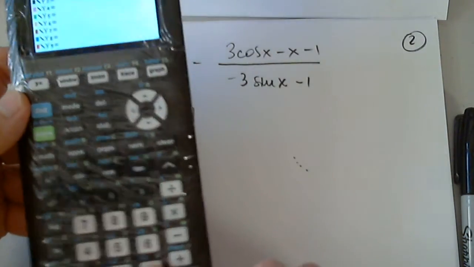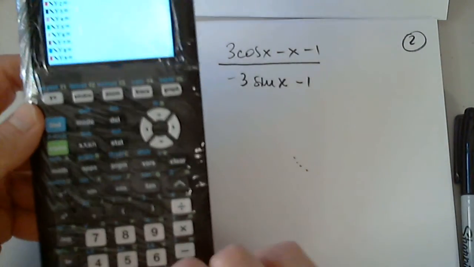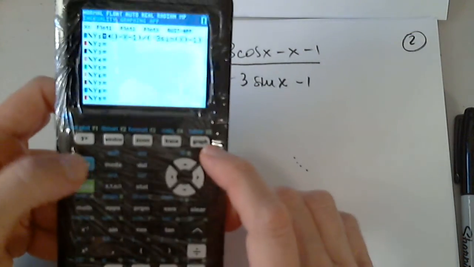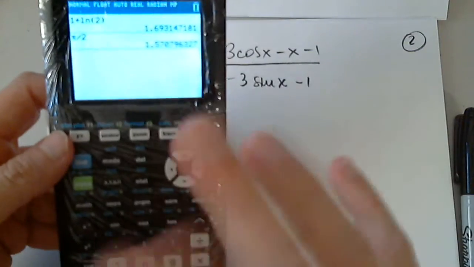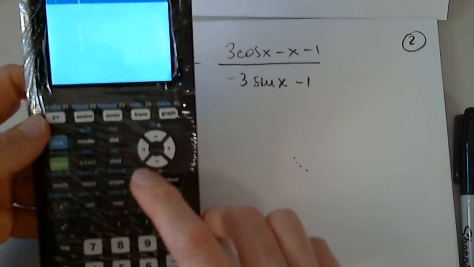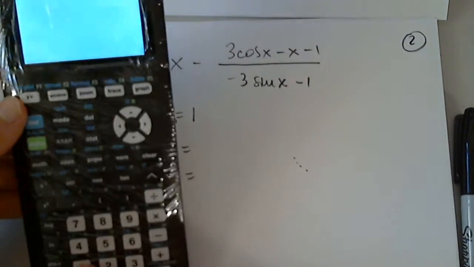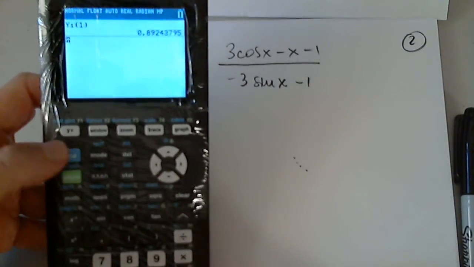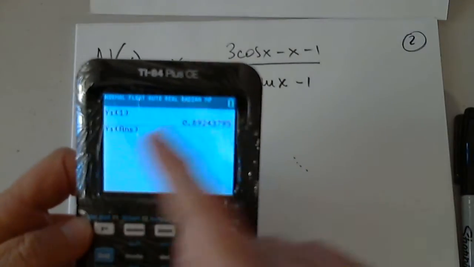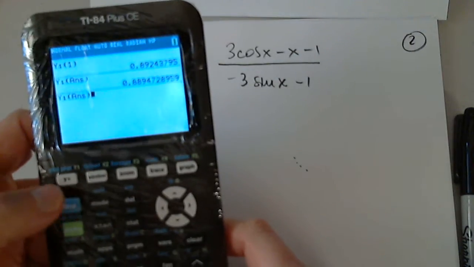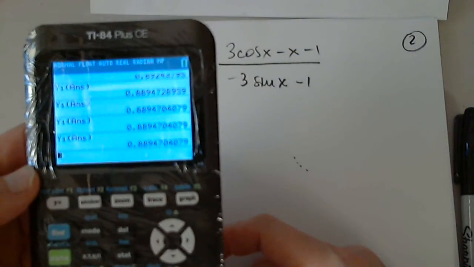In parentheses, negative 3 sine x, close the parenthesis and minus 1. Then I go directly to variables, y1. I plug in 1. And this is my first iteration. And when I copy, I just write the previous answer. And from this moment on, I will get the solution with as many digits as I want.